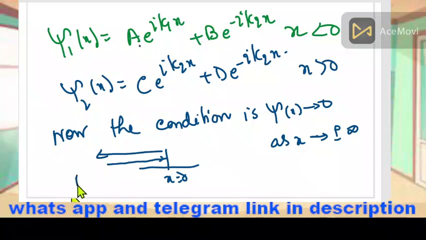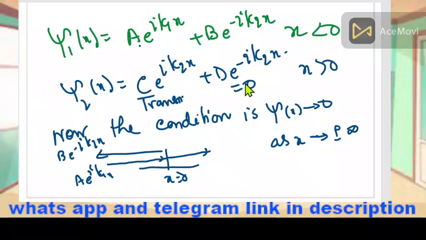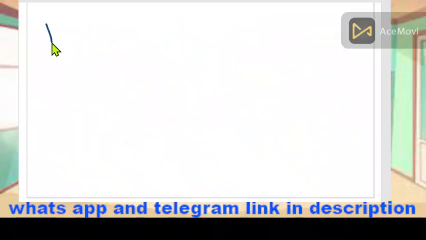This one, a e to the power i k1x, represents the incident wave, and b e to the power minus i k1x is the reflected wave. Now there is total transmission, so this is the transmitted wave, and this quantity d is 0. Why is this 0? Because on the right there is no condition for reflection.